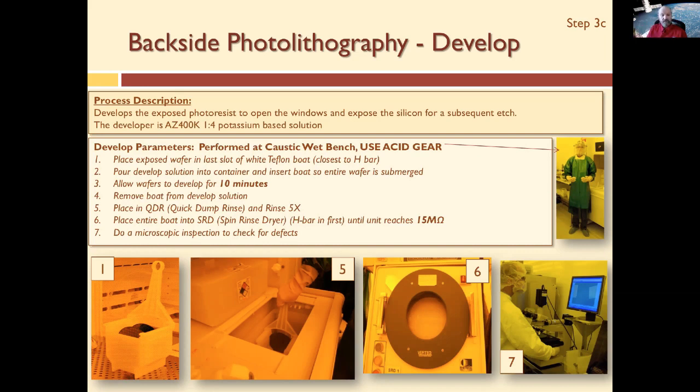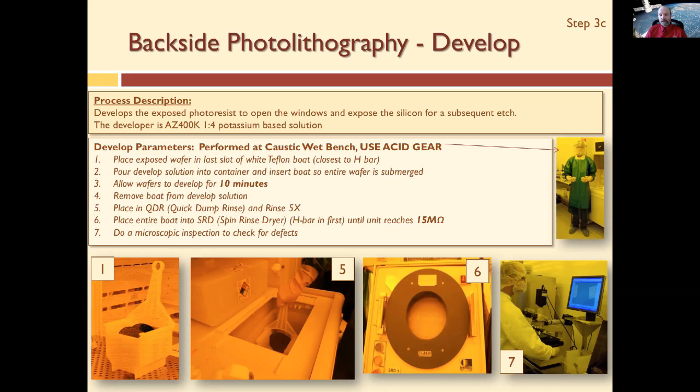We take the wafer out and we do a quick dump rinse, QDR, and we do it 5 times. So that gets the developer off. It stops the developing process immediately, and we use deionized water for that because we don't want any contaminants in there. And then we do a spin rinse dry to dry the wafers off.